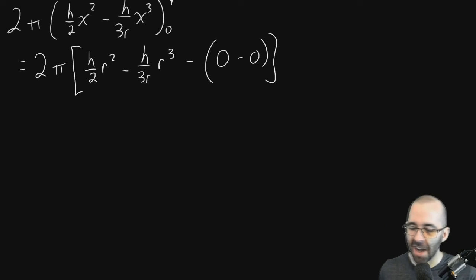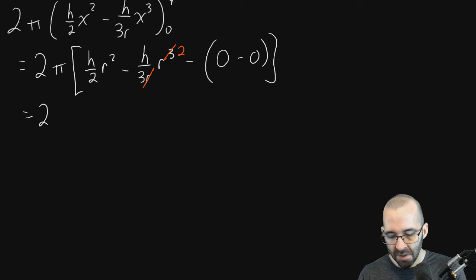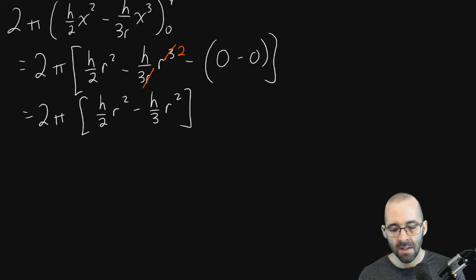Oh, I'm not. I was nervous. It's okay though, because the r's cancel. Woo! Right, one of these r's is going to cancel with that r. So this is 2 pi times just h over 2 r squared minus h over 3 r squared. Well, a half minus a third is a sixth, so that's h over 6.